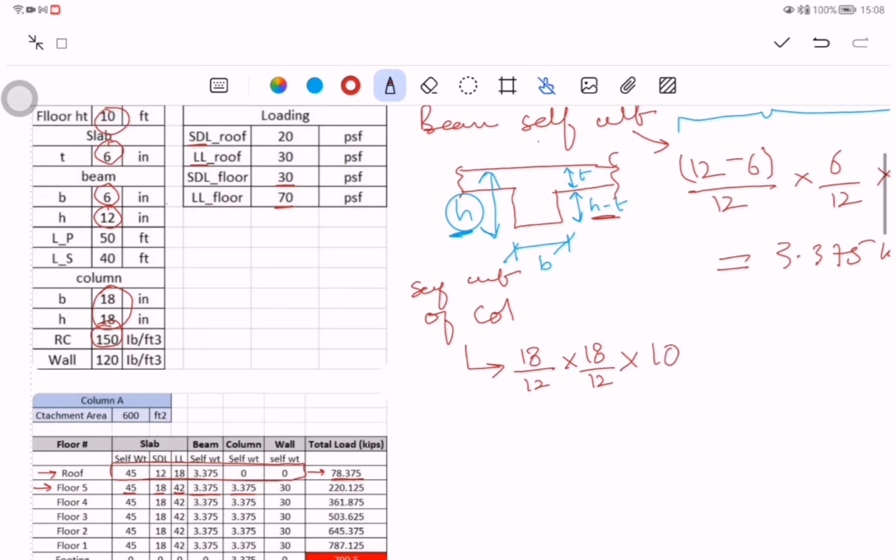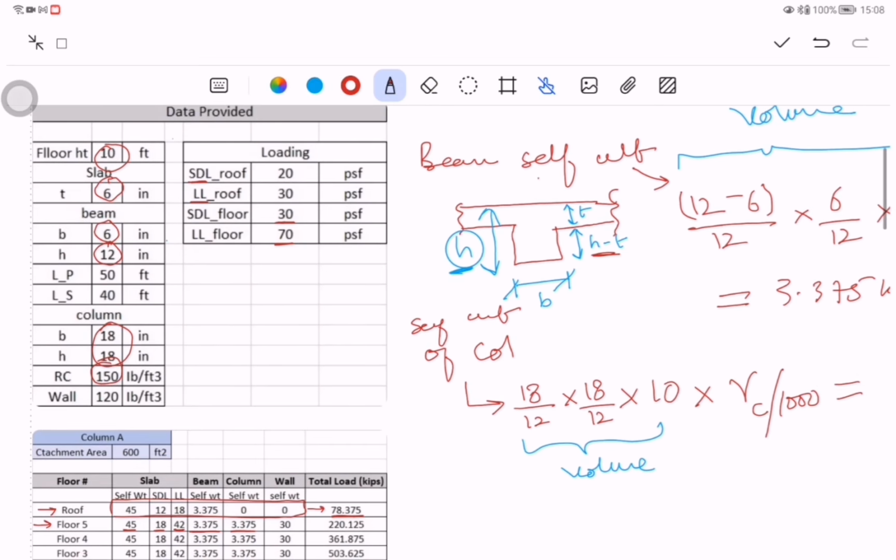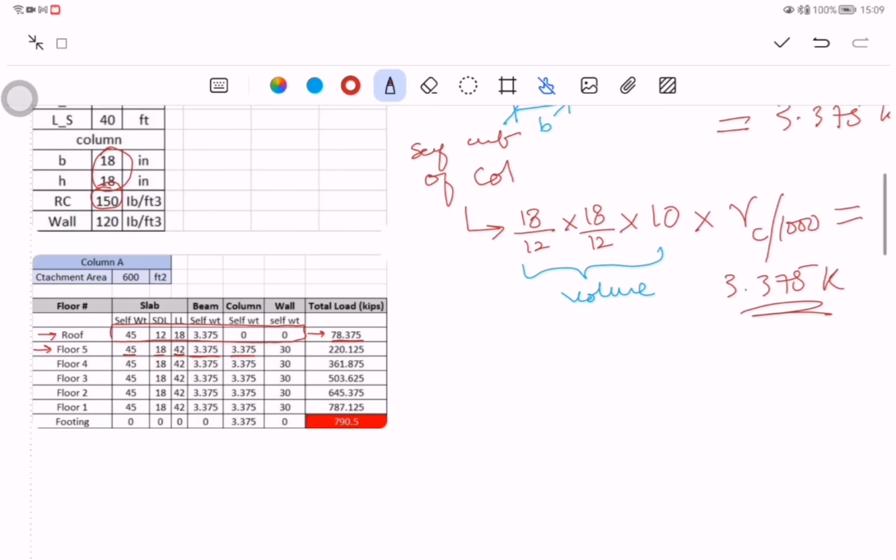So this is your volume, and now you multiply this volume with the density of the concrete, and divide this whole term by 1000, and ultimately the value will become 3.375 kips. It's just a coincidence that the value is similar to what we calculated for beams. It's not always the same, right?